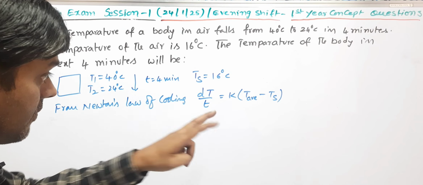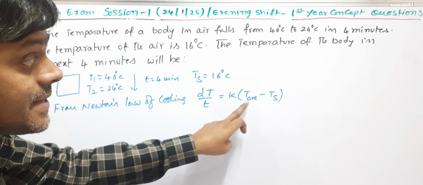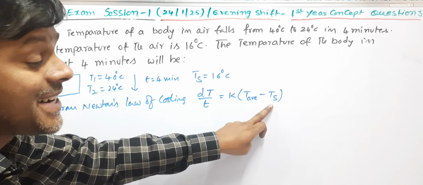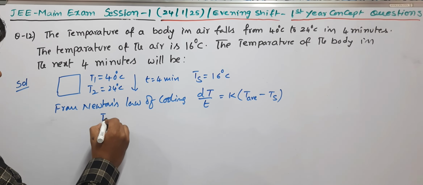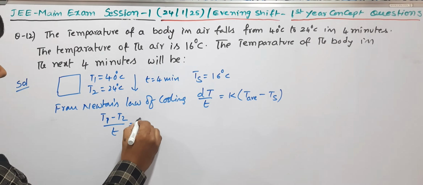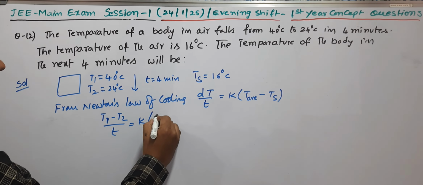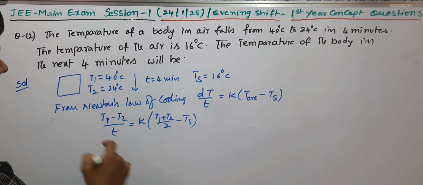The rate of cooling is directly proportional to the excess temperature of the body compared to its surroundings. Here dT means T1 minus T2, so (T1 minus T2) by time t is equal to K into (T1 plus T2 by 2 minus surrounding temperature).